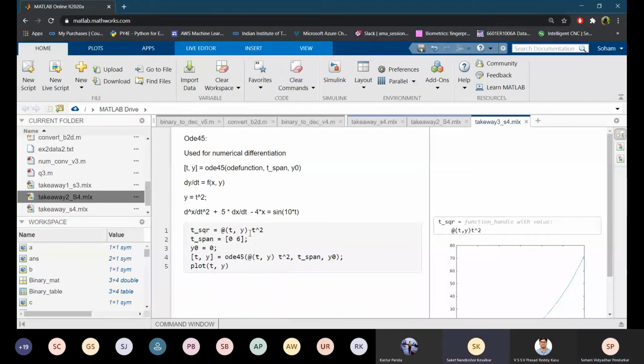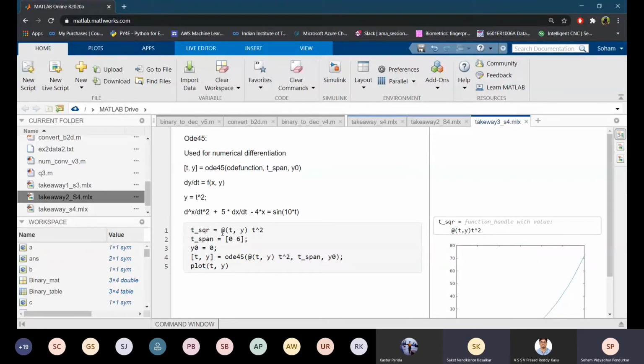Okay. And what's the use of this function handle? Can you briefly tell? So function handle is like calling a name to it. So tsqr is a variable that I created. I didn't go ahead and create any file and give a function name to it.